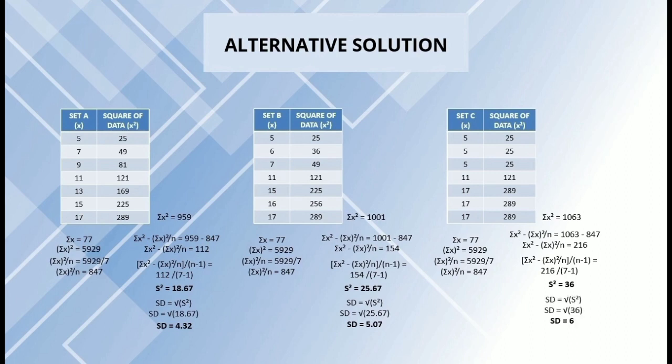As you can see, the variance and the standard deviation for sets A, B, and C that we have solved using the alternative solution have the same values as the ones that we solved using the first solution. This means that both formulas for standard deviation and variance can be reliably used for solving.